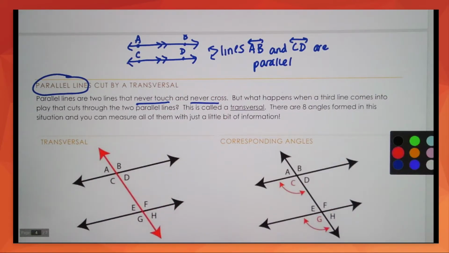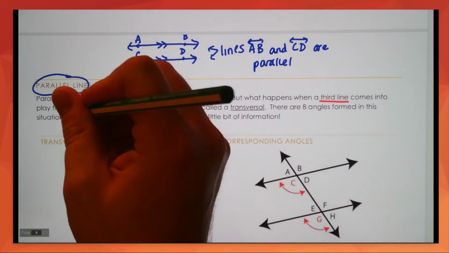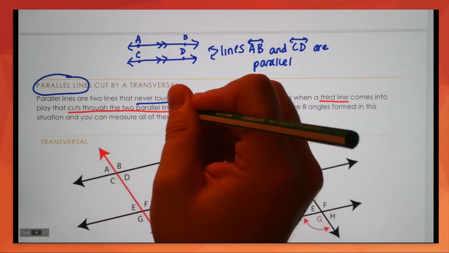The other situation that you're experiencing here is not only do you have these two parallel lines, but you also have the idea of something called a transversal. All that a transversal is, is a third line that cuts through the two parallel lines.